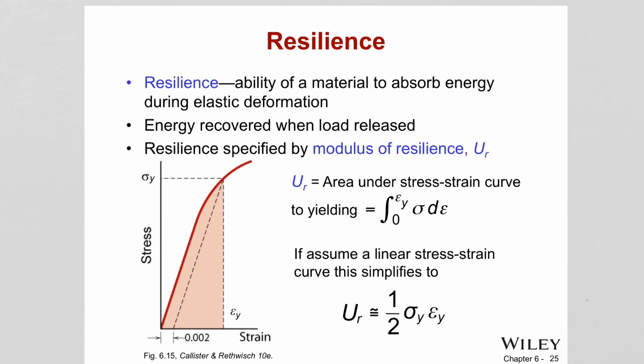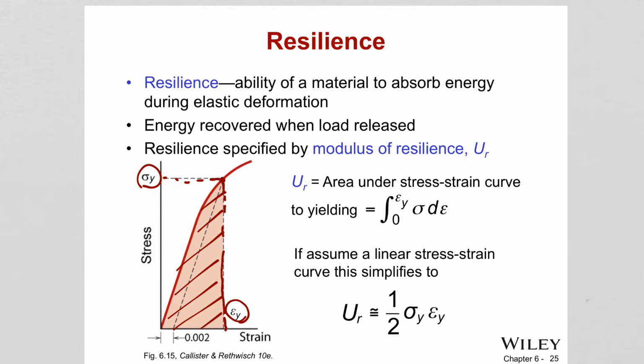So what is resilience then? How do we measure it? We look at the stress strain curve and find the yield strength, and from the intersection of that yield strength line with the curve, you go down and find the yield strain. That region is going to give you the energy absorbed within the material.